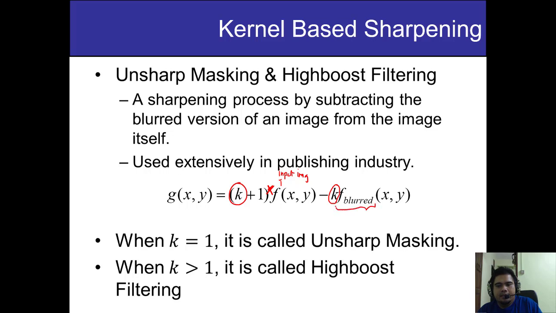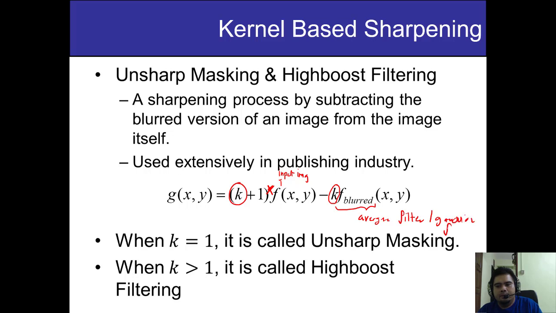is the image after you apply a smoothing filter. Doesn't matter, you can apply an average filter. You just convolve your input image with an average filter or Gaussian filter.